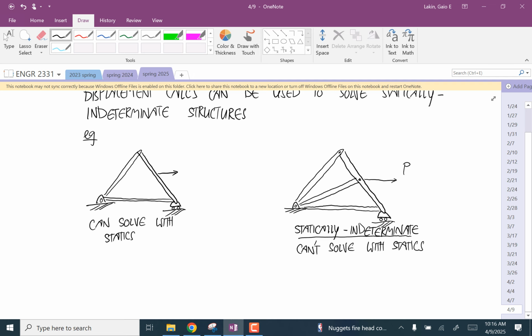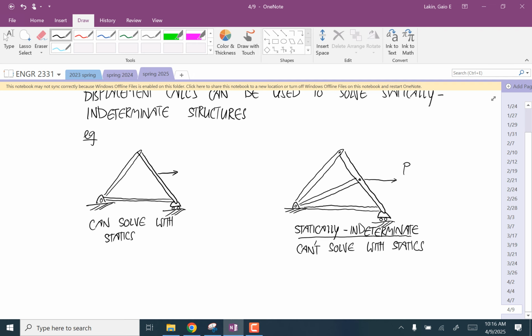And if you think about how this would behave with different materials here, it makes sense that you'd have to take deformation into account. With statics, you can solve this. You don't have to know anything about the materials.